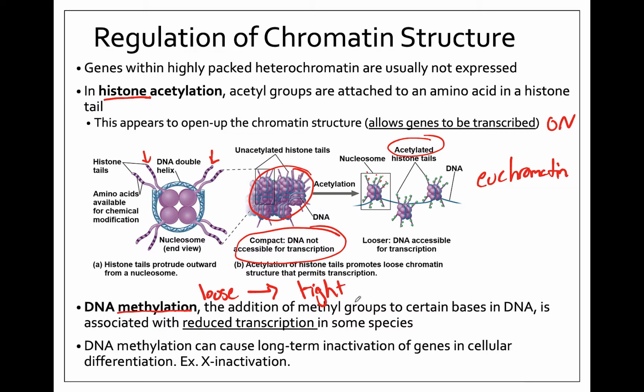So this is going to eventually turn a gene off. An example of DNA methylation in humans is actually X inactivation. People with two X chromosomes typically turn one off. It gets inactivated. And this is because that X chromosome gets methylated to the point where it's not going to be used for transcribing any genes.